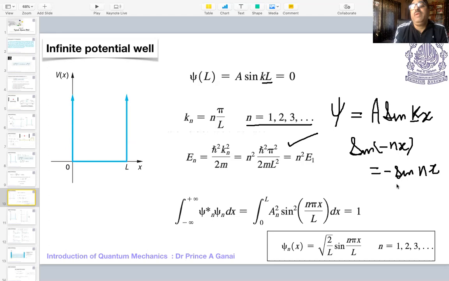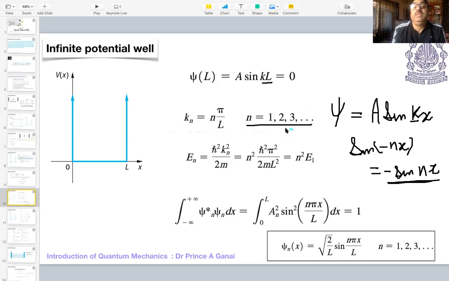So you get the same wave function, only with a negative sign in front. You don't get anything new. The minus solutions are the same as the plus solutions, so you take only one of them. That is why we restrict to positive integers and neglect the negative values.